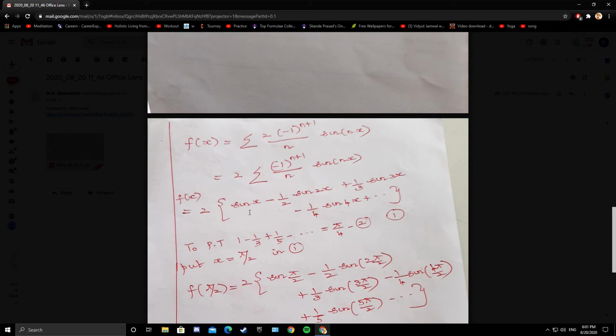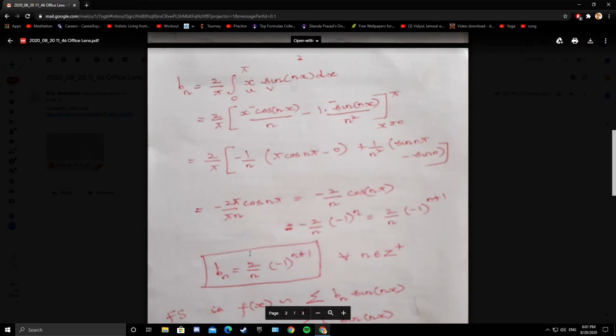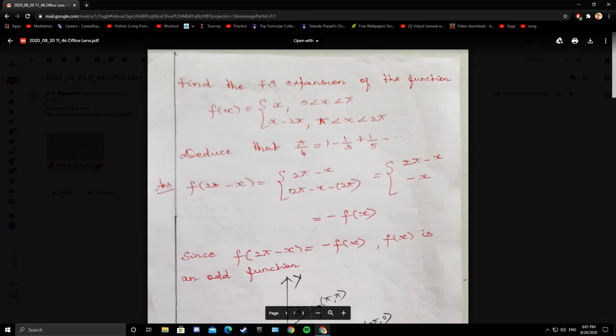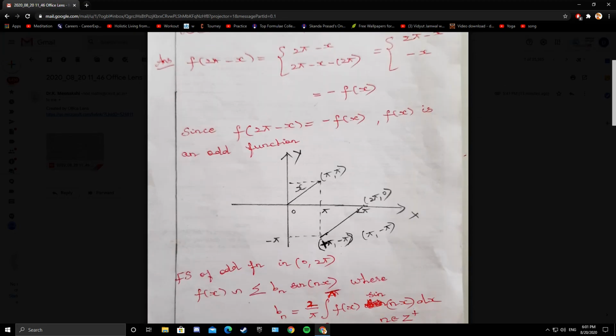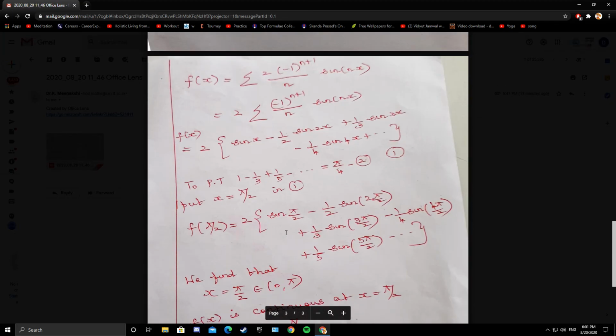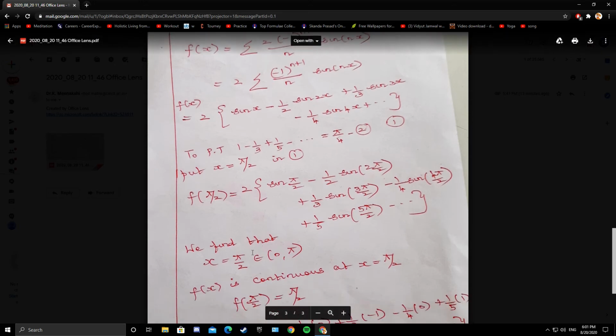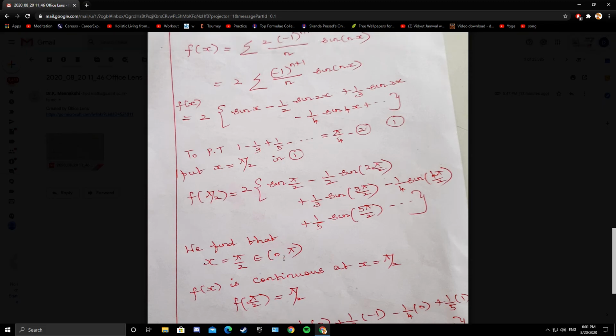So at x equals pi by 2, x equals pi by 2 belongs to the open interval 0 pi. So f of x is continuous at x equals pi by 2. Whenever a point belongs to the open interval, it is continuous.